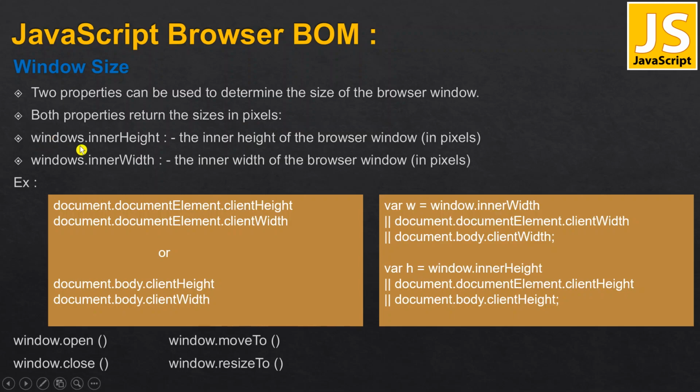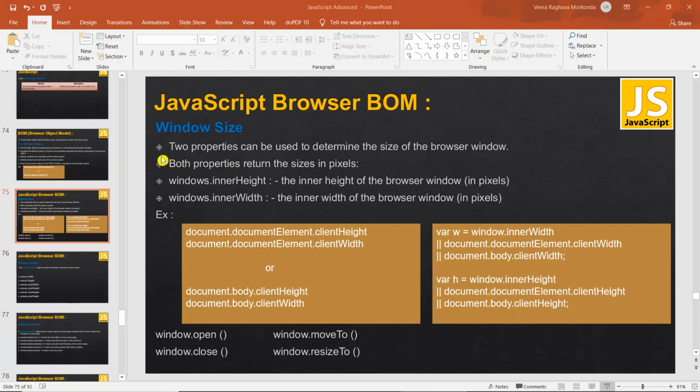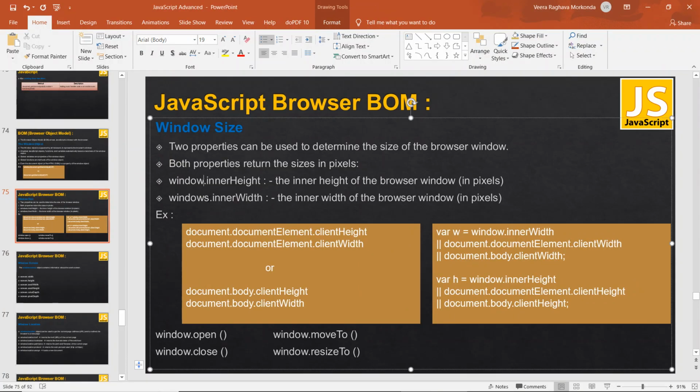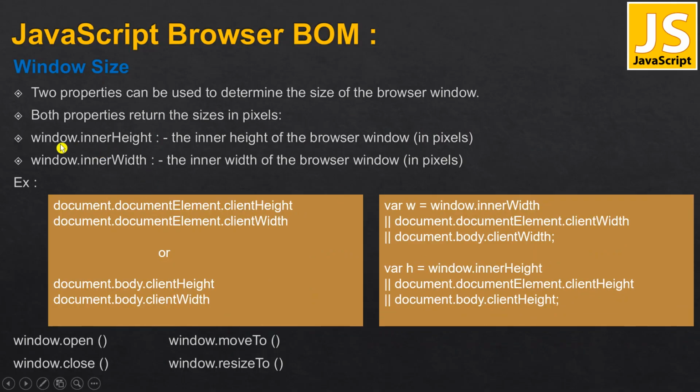The properties are window dot innerHeight and window dot innerWidth. This is not windows, it is window. Let me correct it. So window.innerHeight and window.innerWidth. These properties return the height of the current active browser window, and similarly the width of the current active window.